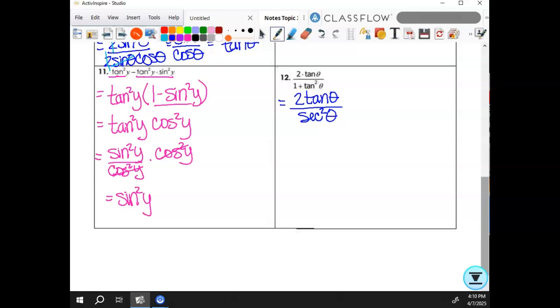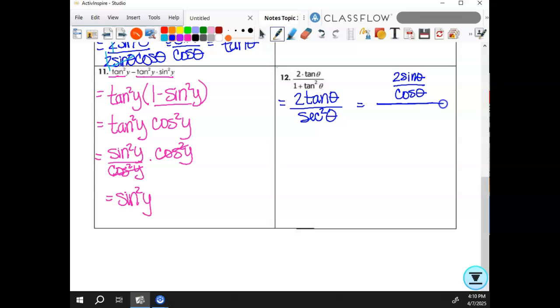All right, so now for me to get anywhere else, I'm going to need to do my quotient and reciprocals here. So this is the same as, I know tangent is sine over cosine, and that 2 is going to stay in the numerator. So this is going to be 2 sine theta over cosine theta.